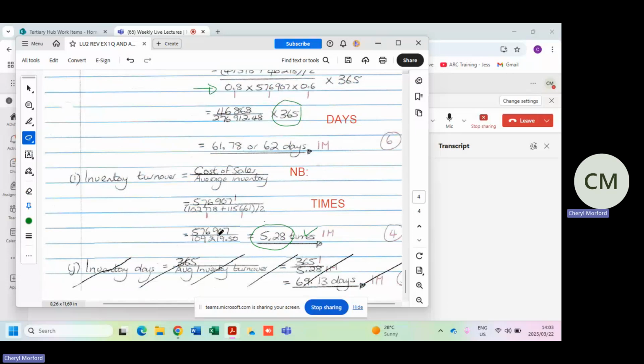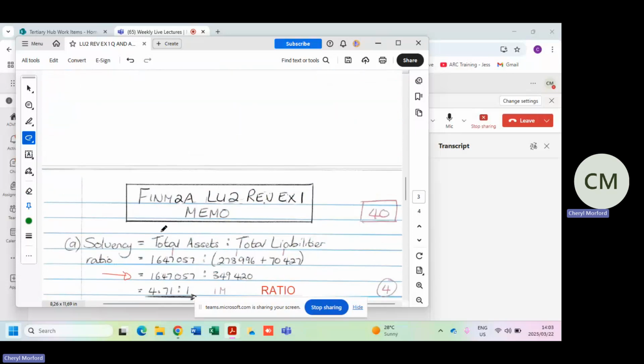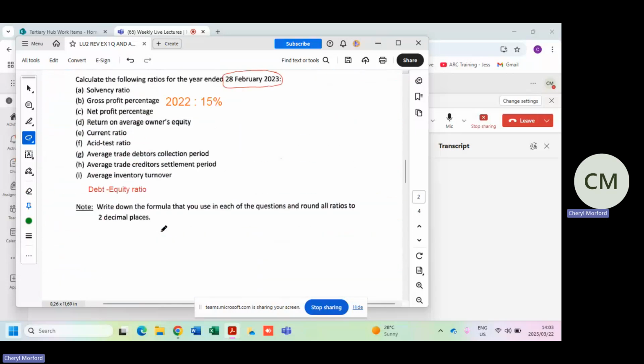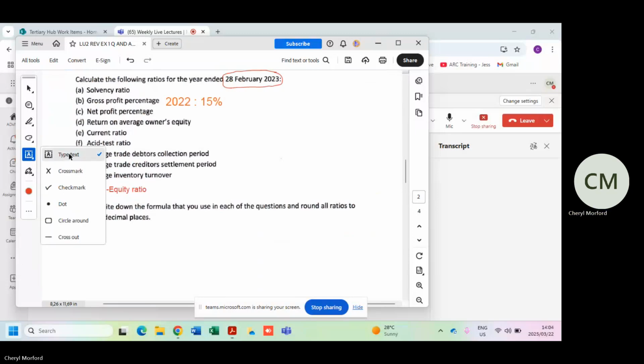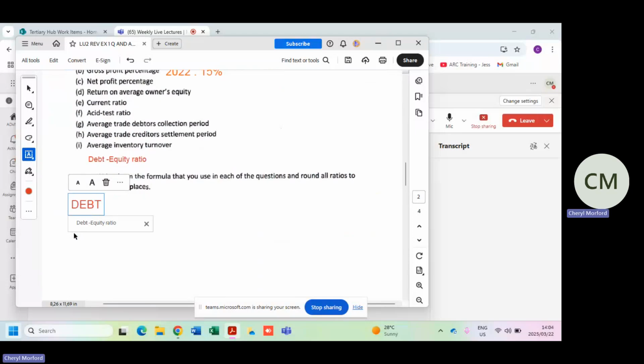And what I did say that we're going to do instead is we're going to have a look at one of your gearing ratios, which is the debt equity ratio. Right. So I'm just going to now type it in here for you. So our debt equity ratio is a gearing ratio.